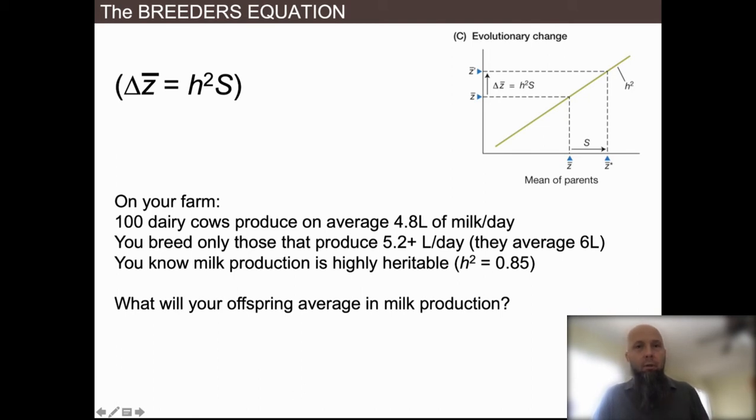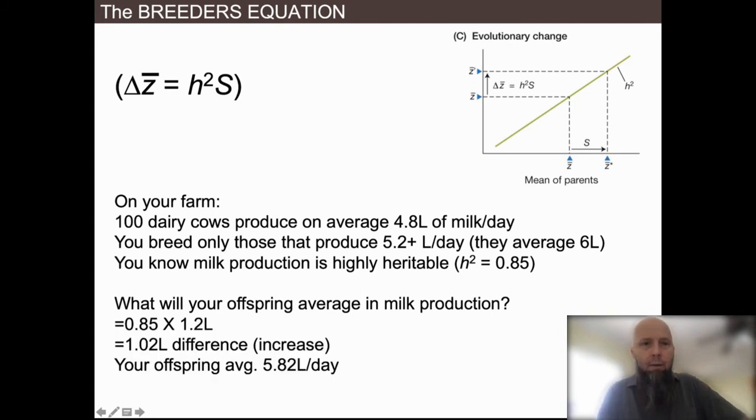So if you look up that equation in the top left, you can see that with heritability and the strength of selection, S, we can make a prediction about what that change in Z bar is, what delta Z bar is. And with that, we can figure out what Z bar prime is, okay?